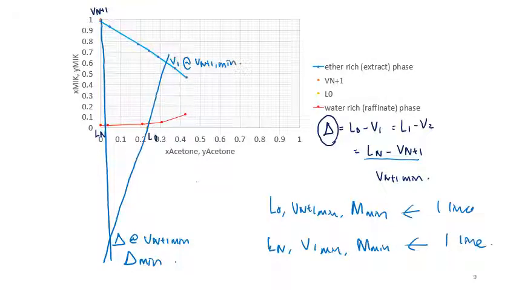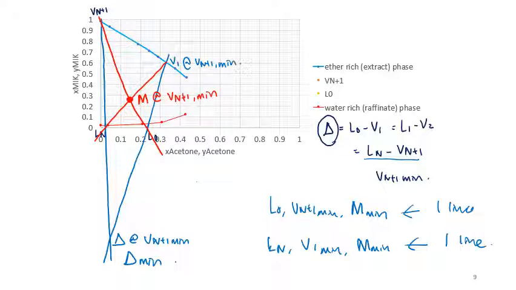So let's connect the lines. Here L0, and also Ln to V1. Then I get this point M at Vn plus 1 minimum.